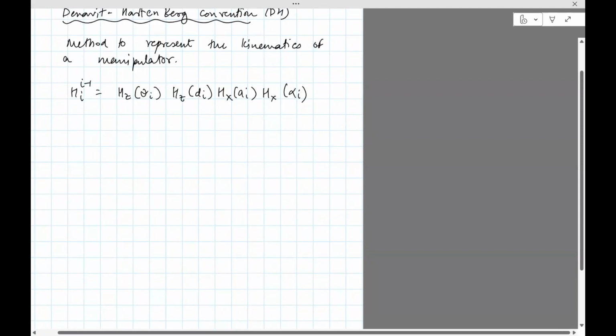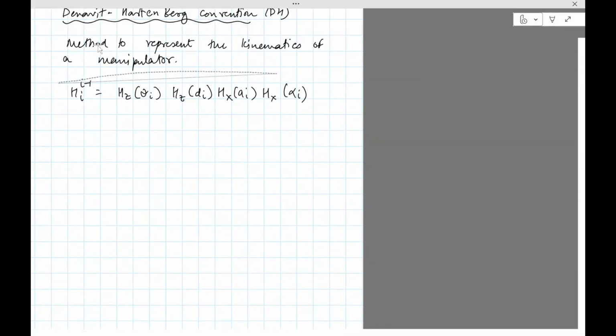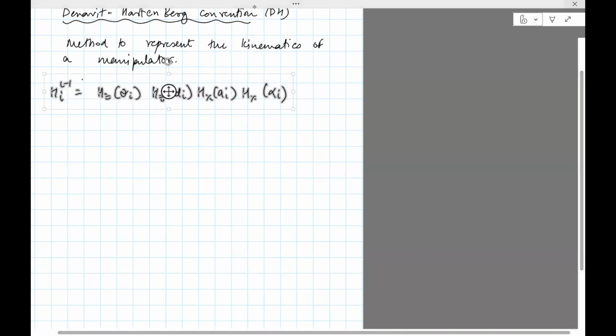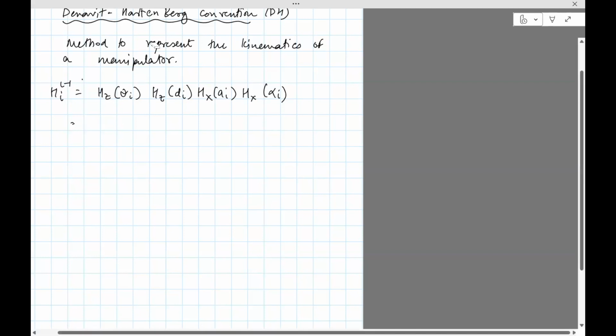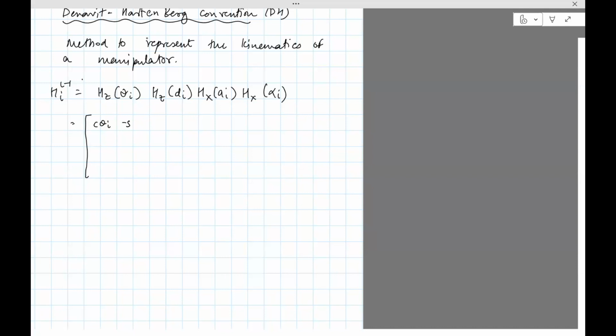Okay, so what are these? Homogeneous matrices, we have already looked at them. I wrote them down, but let me expand this out. So each of them is a 4x4 matrix. Cosine theta i. You know what? Let me use a shorthand. I have to fit in 4x4 matrices. So I'll write C theta i, S theta i, where C is cosine and S is sine.